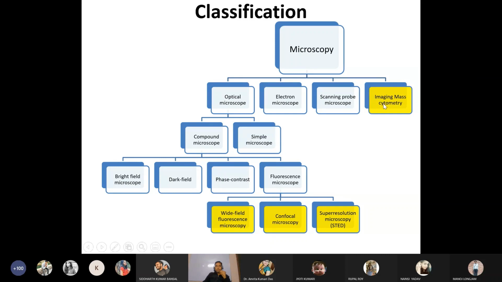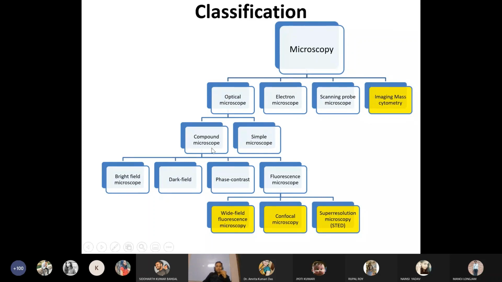It does not involve the principle which we have been reading through. Its principle is entirely different, although we get images very similar, or you even cannot differentiate whether it is a microscopic image or a cytometric image. So that is why I have put it in microscopic.